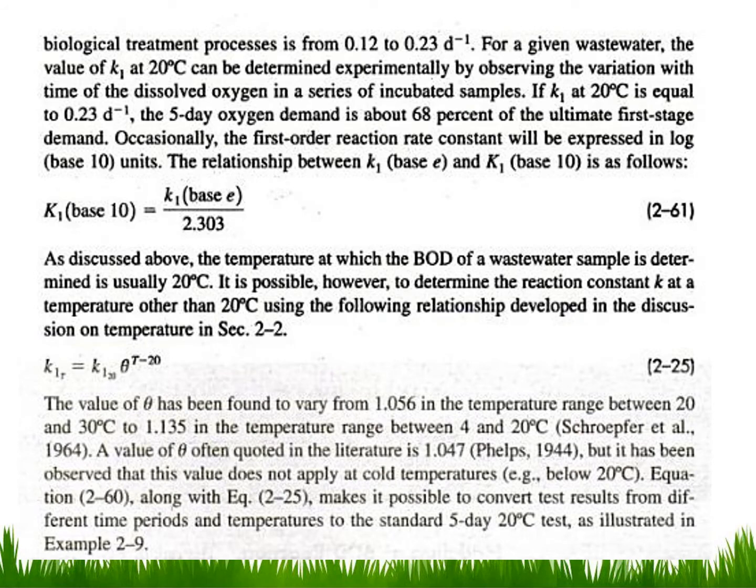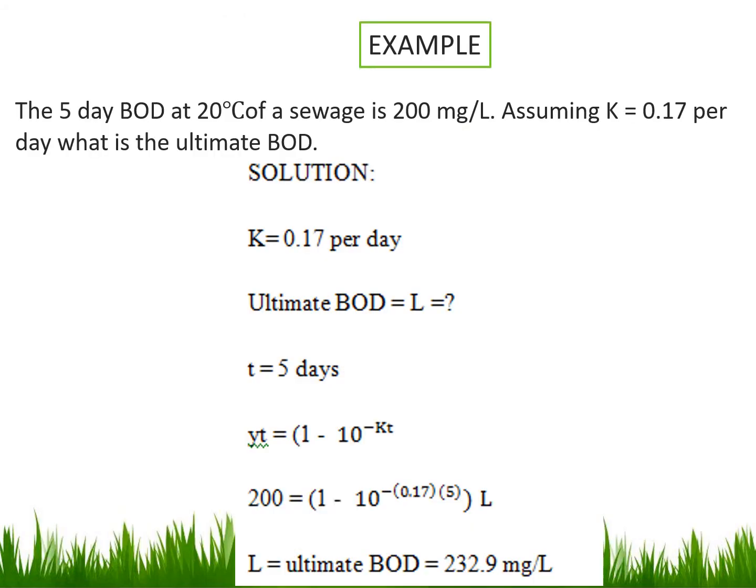Again, if you want to convert this K to base 10 form, you can use this relation. It's kind of detailed, which you can go through by yourself. I will request you to go through these examples. It's very important, and it will clarify concepts about BOD and ultimate BOD.